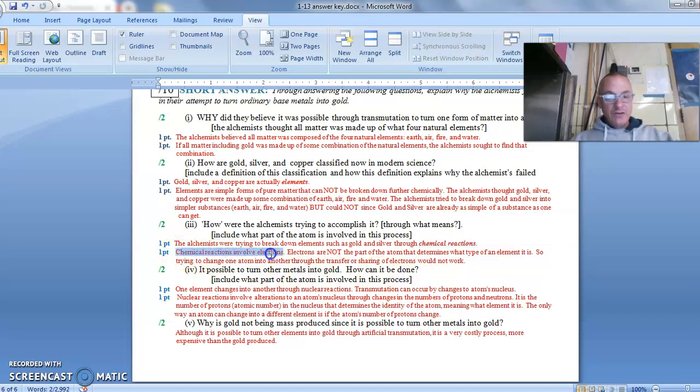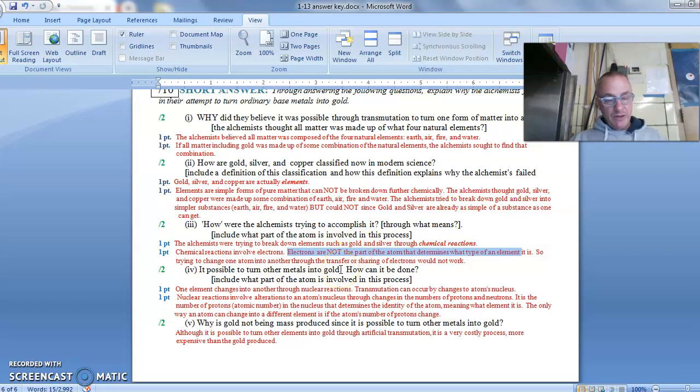Now, chemical reactions involve the electrons. Electrons are not the part of the atom that determines what the element is. So, to turn copper into silver or gold, they were messing with electrons. The only way you can turn copper into silver or silver into gold is to alter the number of protons in the nucleus. So, messing with the electrons would not accomplish what they were hoping.